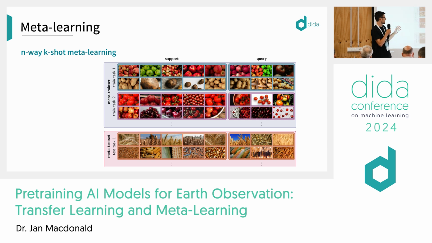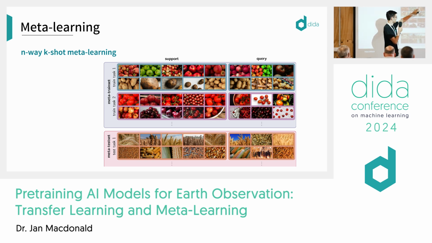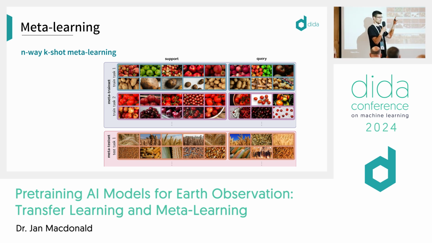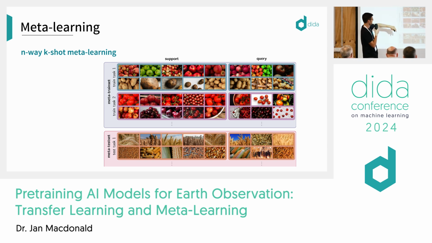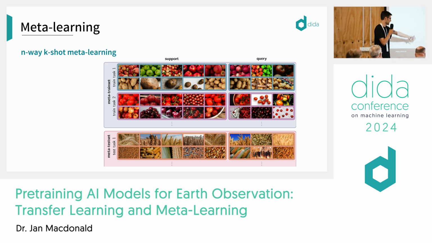Only in this context, they are called support and query set, because training and test is already used to distinguish between collections of tasks that are seen by the meta-learning algorithm, right? So think about support and query as the train and test set for individual tasks, and then meta-train and meta-test are collections of tasks that are seen by the meta-learning algorithm and where the meta-learning algorithm is evaluated.